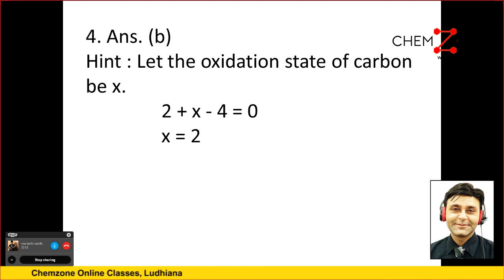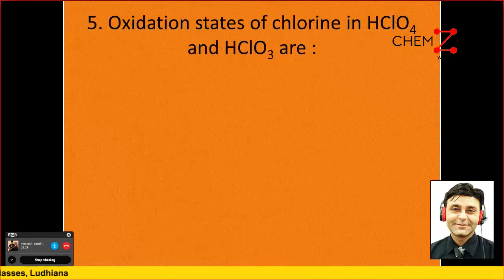So X comes out to be equal to 2. Oxygen is minus 2? Oxygen is generally minus 2. Oh, I thought it was minus 1. No. Minus 1 is only in case of peroxides. Okay.